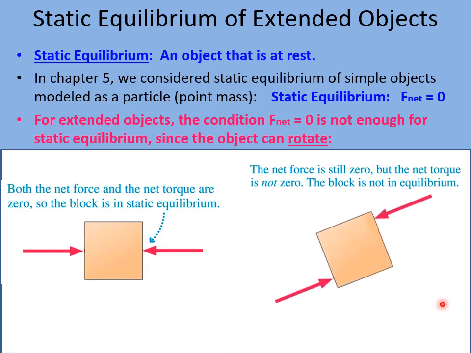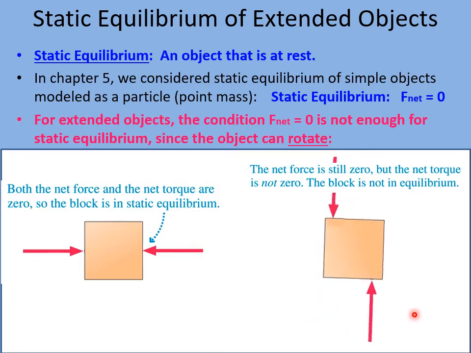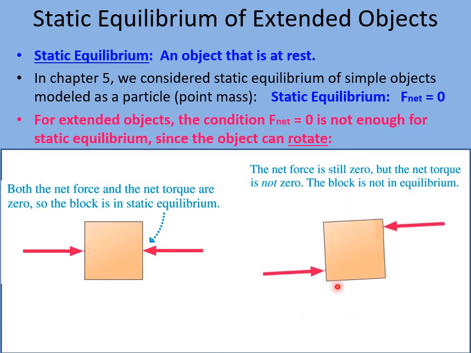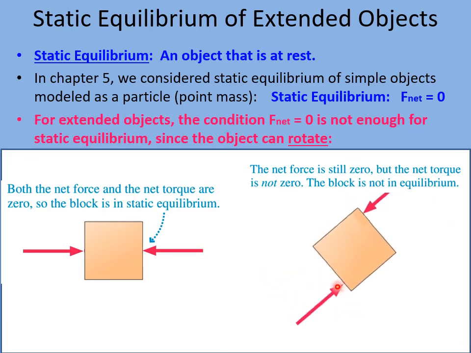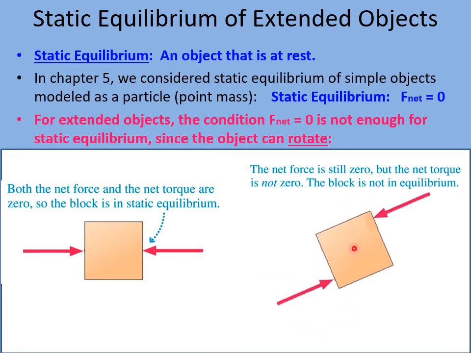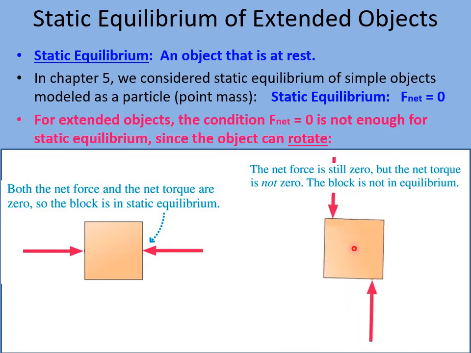Here it goes. So you can see the forces are causing a twisting motion on the box. It's causing the box to rotate in a counterclockwise direction like that. So this object is definitely not in equilibrium. Okay, it has no net force, but it does have a net torque that causes rotation.